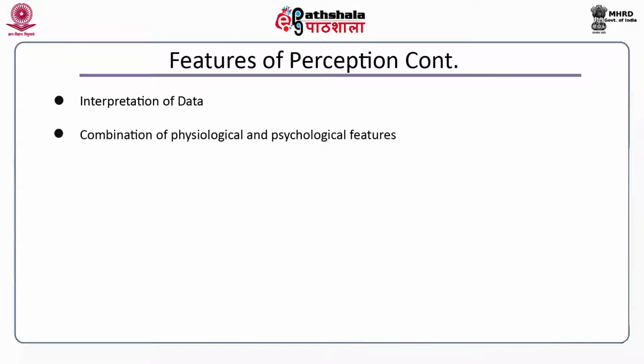Combination of two features. Perception is the combination of psychological and physiological features. Sensation is conceived by the physiological feature, but perception is not only the result of the physiological feature, it includes psychological features also.